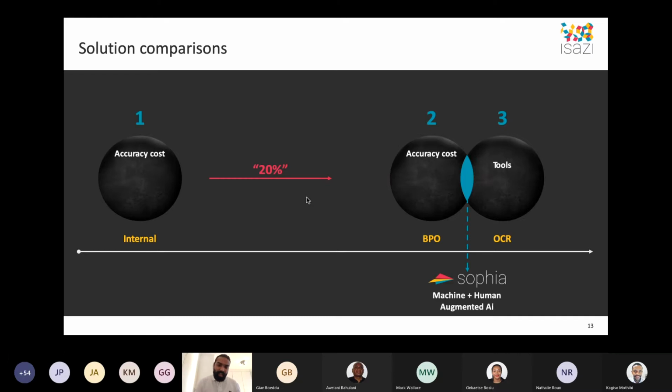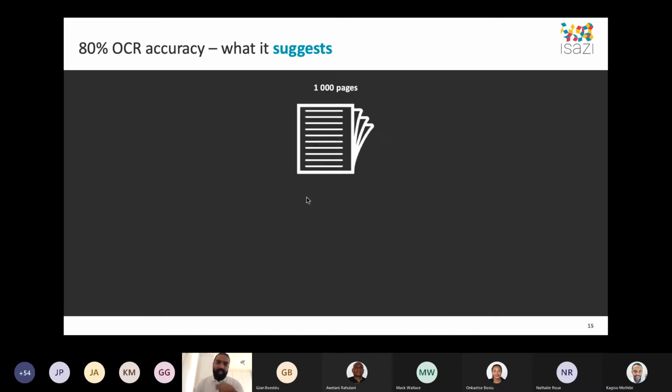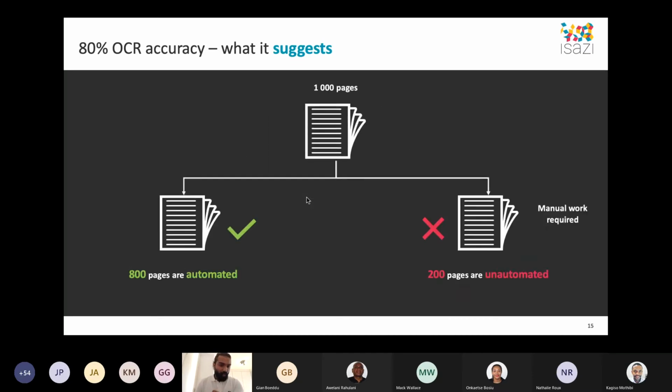What you're going to see is actually a solution that combines human and machine together to produce a final result that's 100% accurate. I want to just start with the problem with all OCR tools that exist today globally. If you had 1,000 pages of documents, we originally thought that if the OCR said 80% was accurate, 800 would be automated, and 200 would be manually fixed.